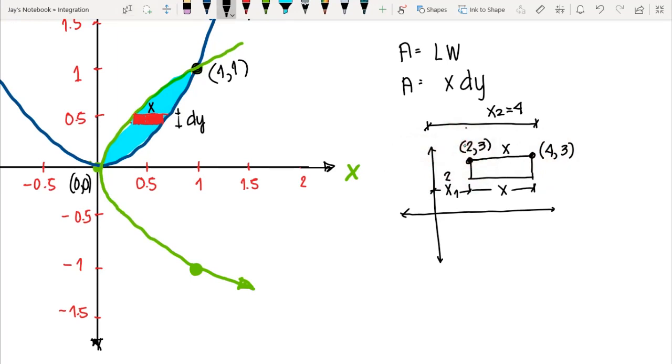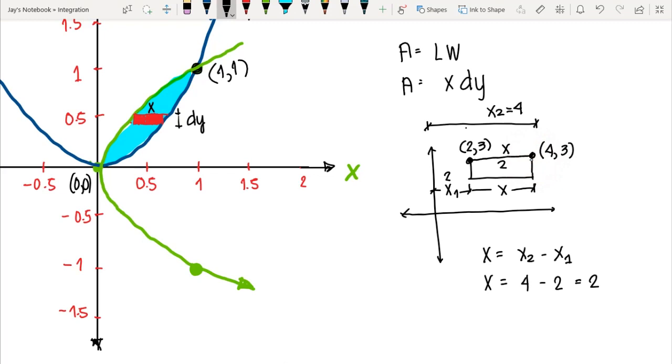So the value of x, the length of this horizontal strip, is x sub 2 minus x sub 1. So x is equal to 4 minus 2, which gives us 2. Therefore, the length from this point to this point is 2 units.